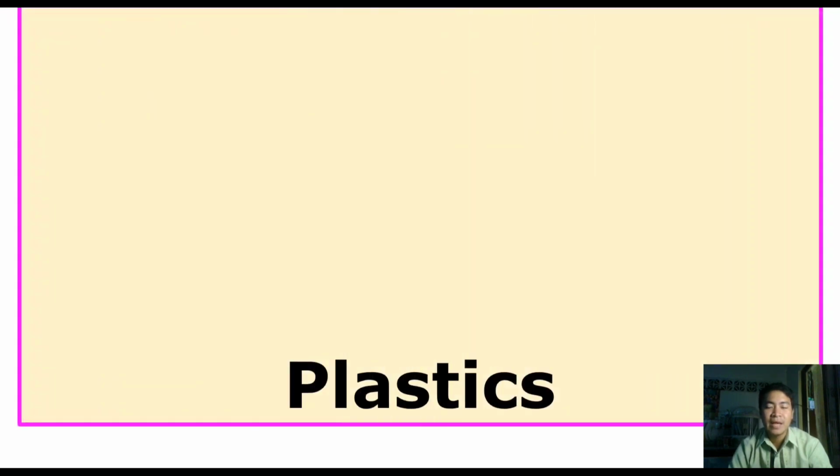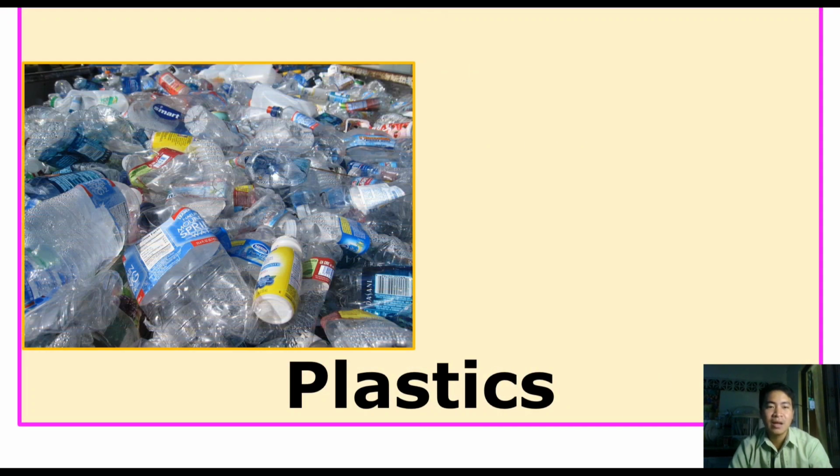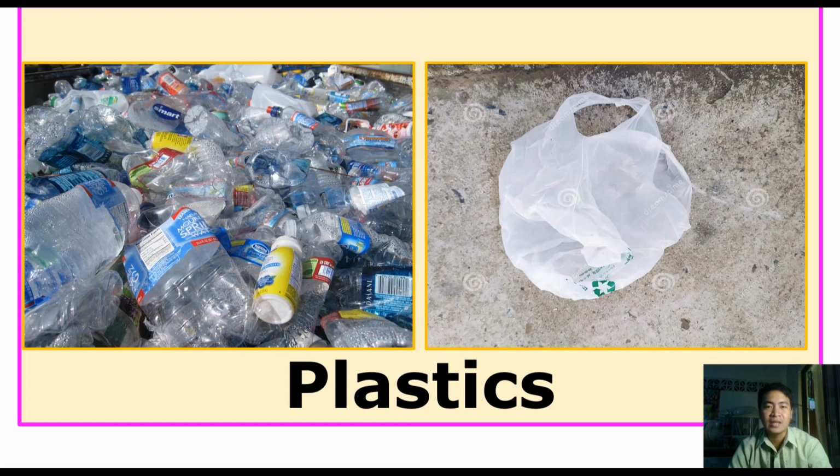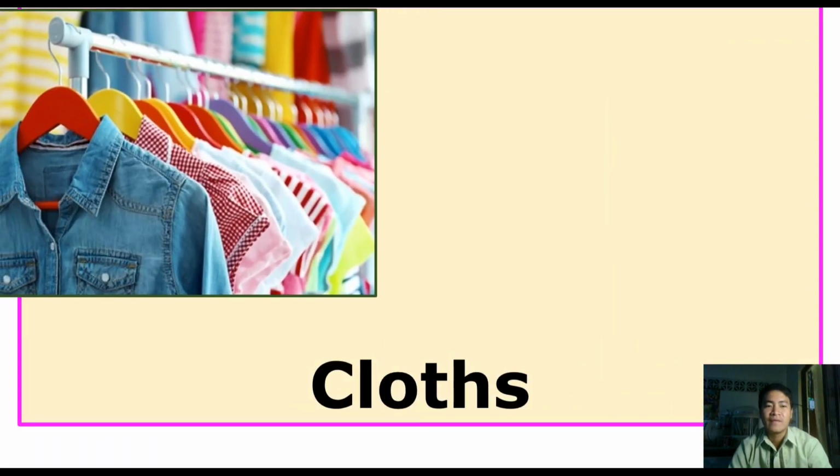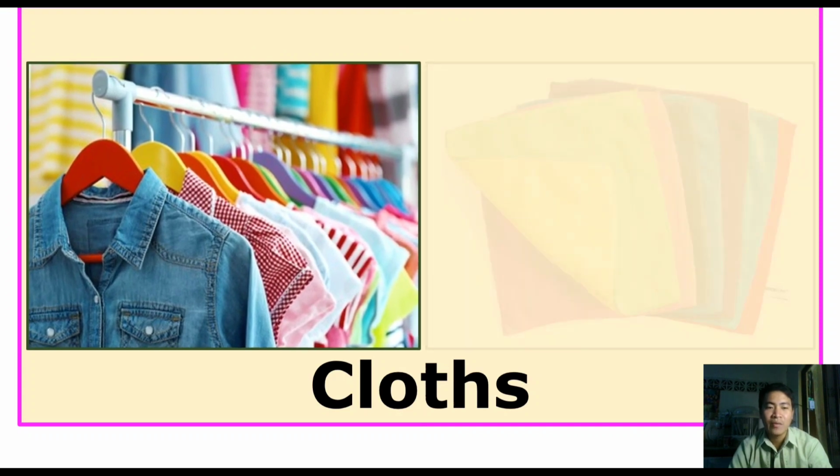Then we have here plastics. We have plastic bottles, and we have cellophane. So they cannot also be attracted to magnets because they have no metals, they are non-metals. And we have cloths. We have here the dress we are wearing.